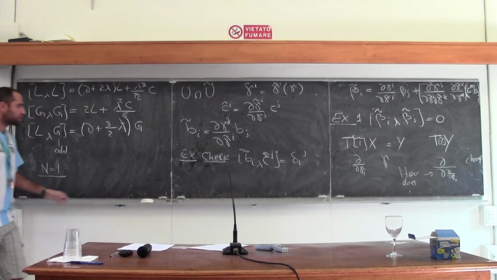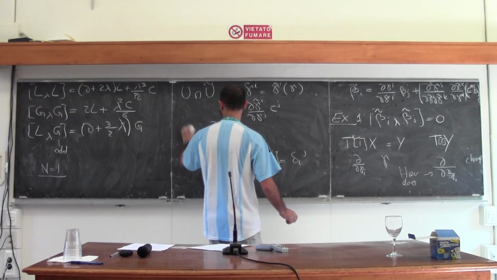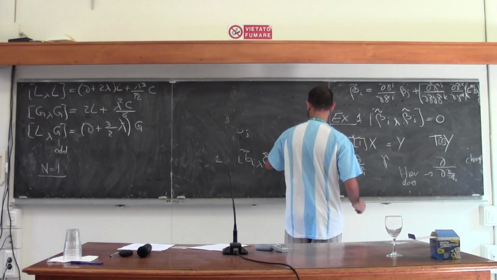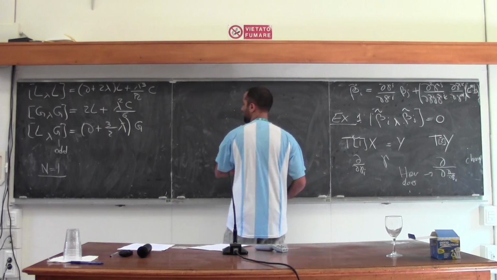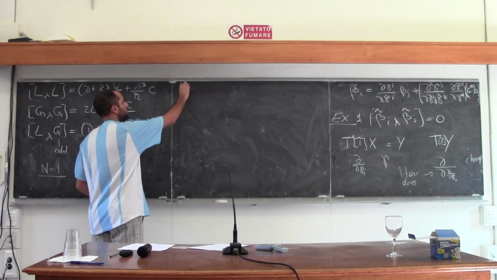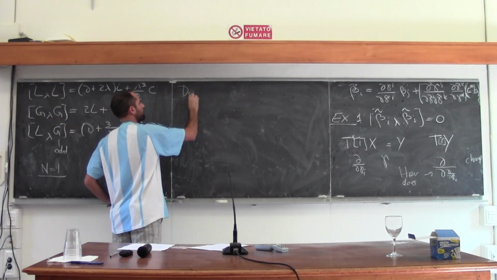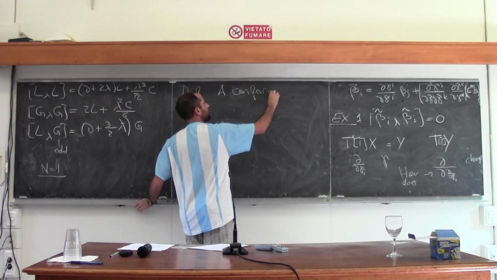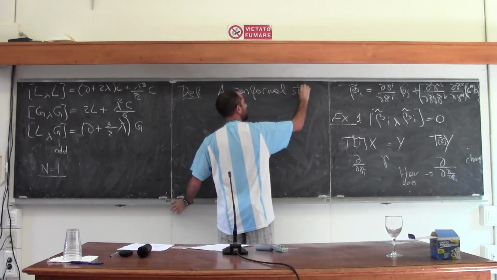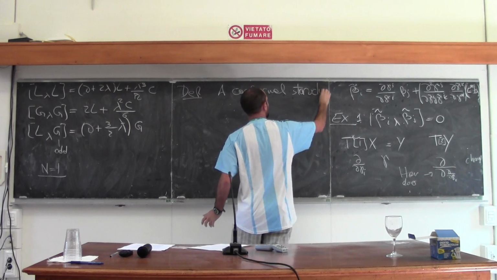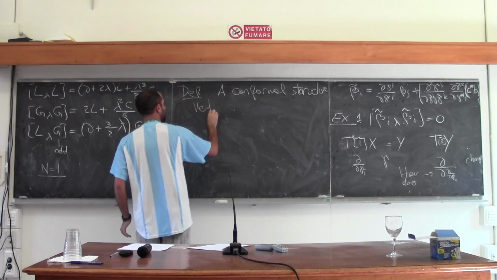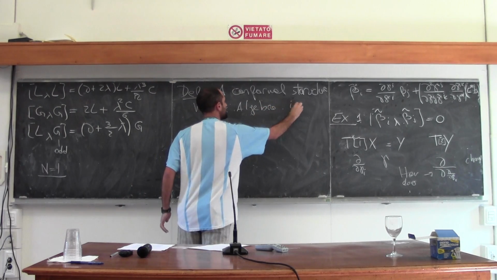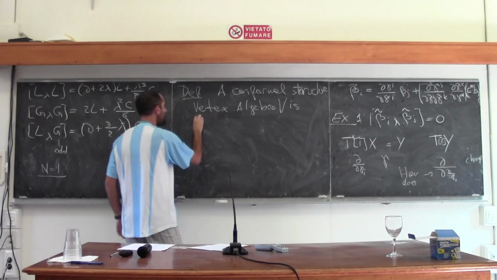Whenever you have this structure on a vertex algebra, you can define, so, definition. A conformal structure on a vertex algebra V is an embedding of Virasoro.